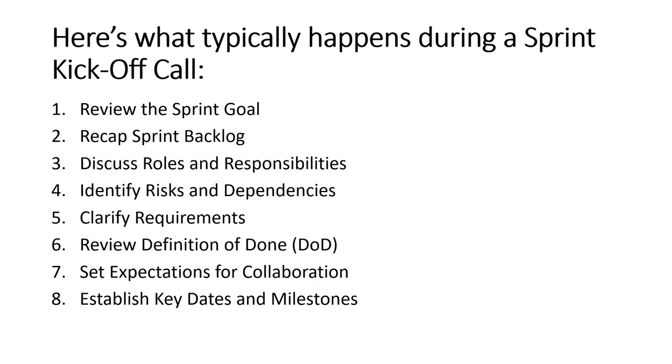So the third thing we discuss is the roles and responsibilities. Since we have allocated the user stories, we address the roles and responsibilities for each team member for this particular sprint.